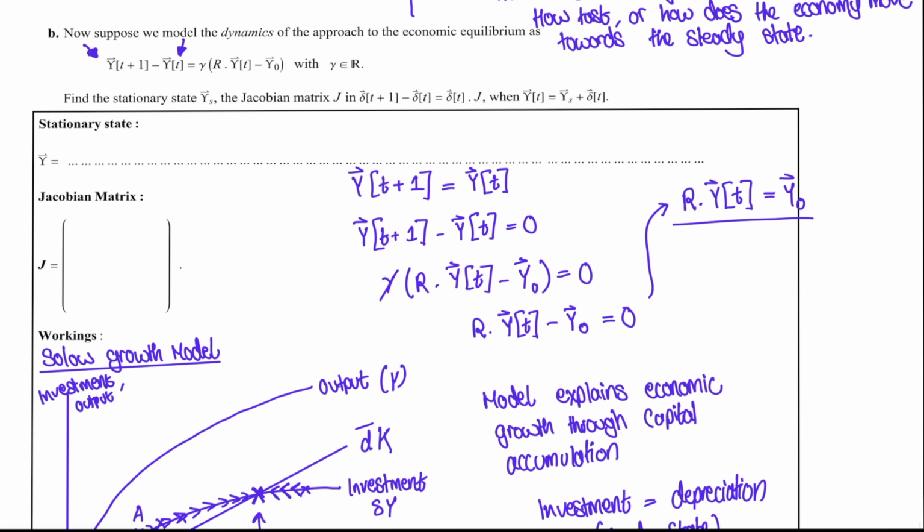So you might notice that this is very similar to what we solved before, and it is in fact the same thing. The stationary state is the exact same equilibrium that we found before.